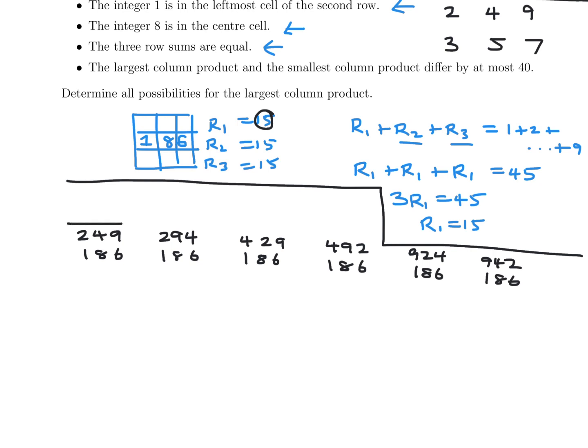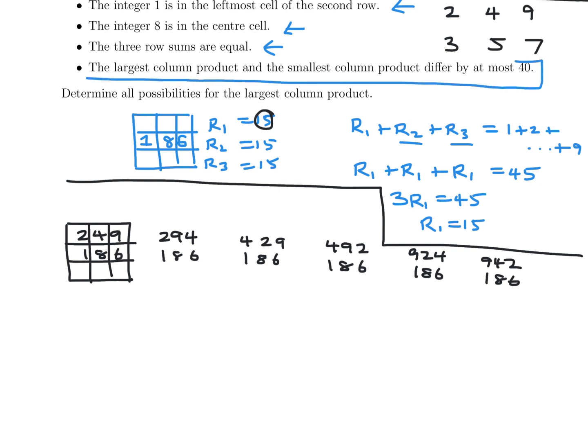Okay, so let's take this into consideration now. We have to now concentrate on this rule here. This is a very important rule, that the column products, the biggest one and the smallest one, can't be more than 40 in terms of their difference.